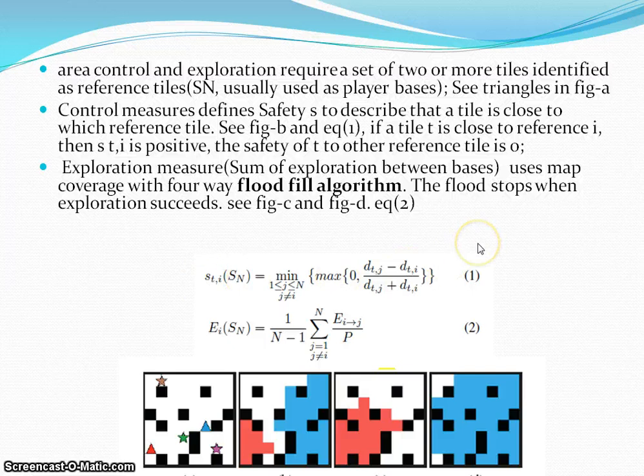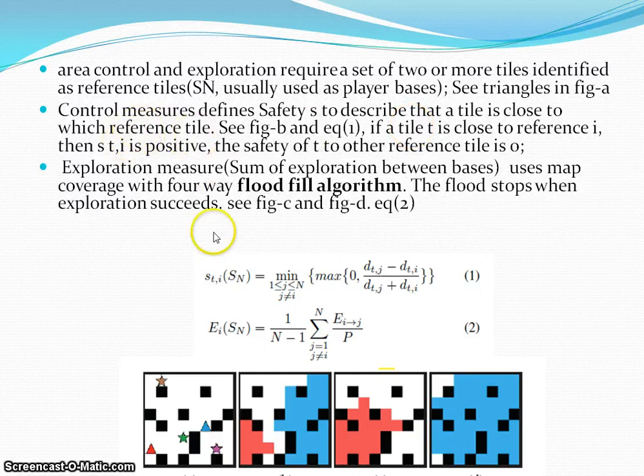Area control and exploration require a set of two or more tiles identified as the reference tiles. Usually, they are used as a player base. Let's see the left figure here. The triangles are the bases of the players, the red one and the blue one, the two players' starting points. And the control measures define safety to describe which reference tile, which base, a tile is close to.